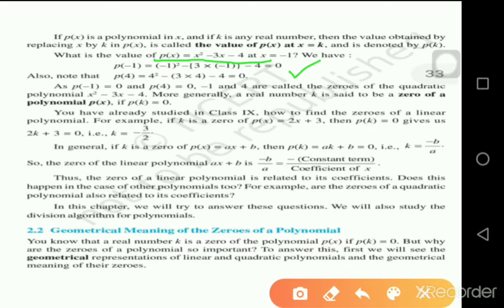Here, the value of the variable for which the polynomial becomes 0, that value is called zero of the polynomial.